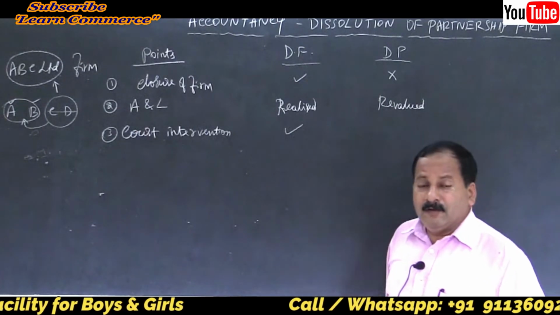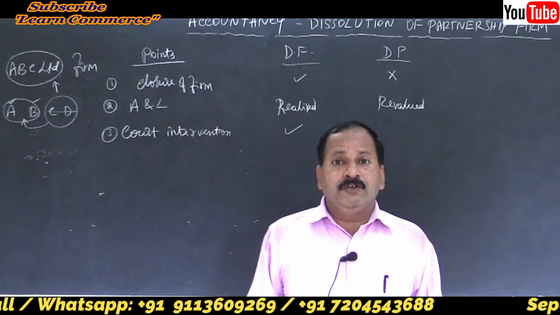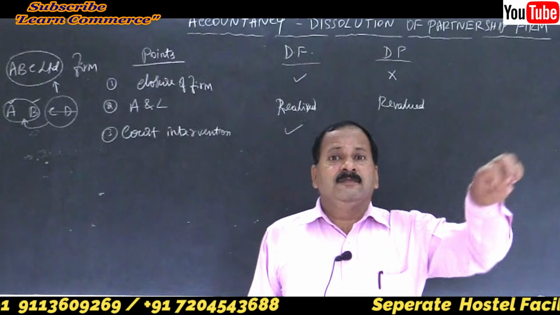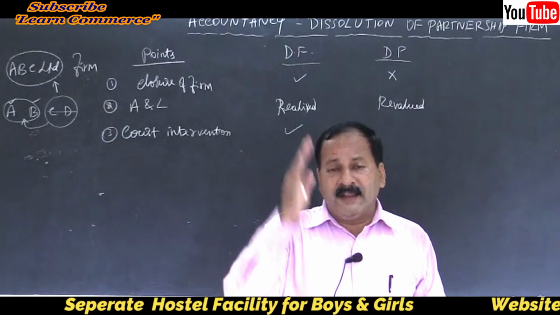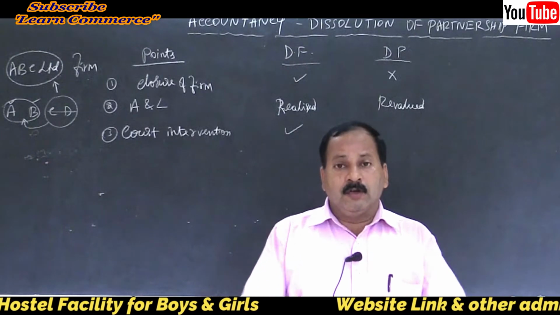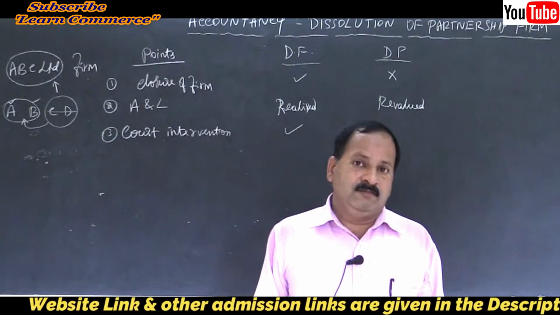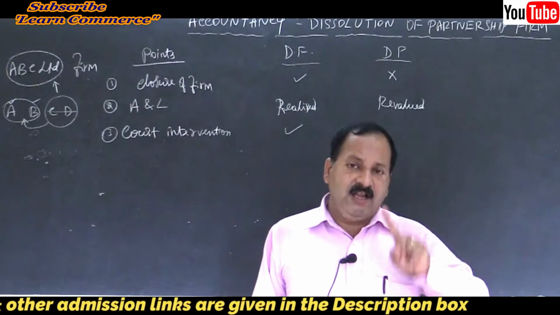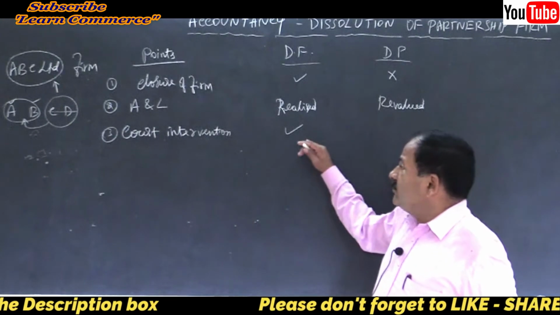Or some two or three persons, A, B, C, entered into a partnership business to take money from the ATM counters by breaking the machine and removing the cash from the ATM machine. Do you think it is a legal business? No. So this is against the law of the land, and that will be closed by the court.